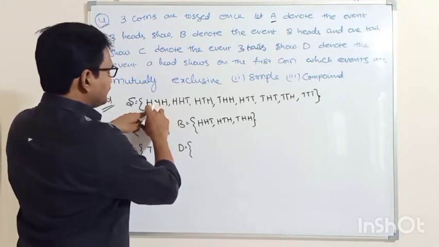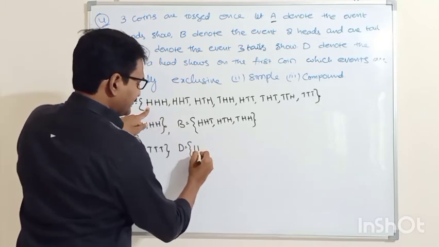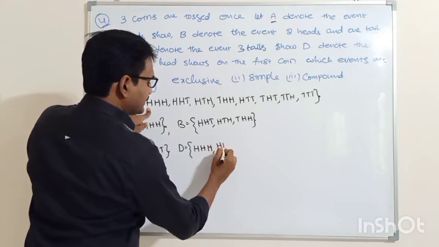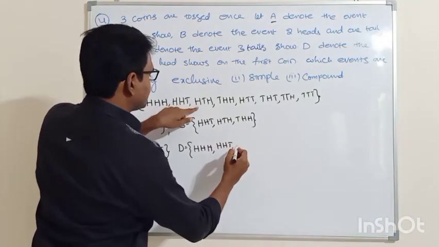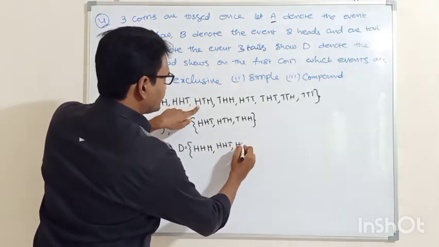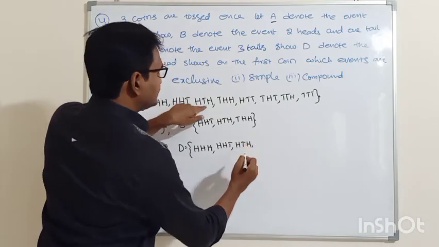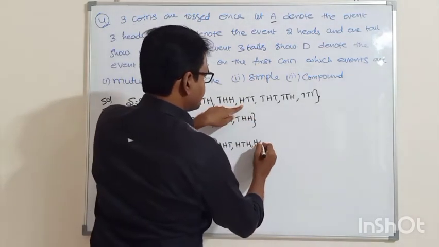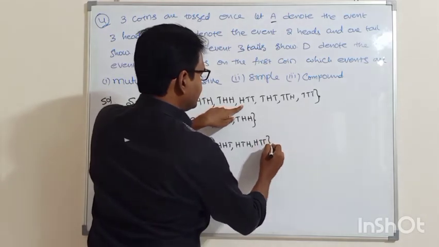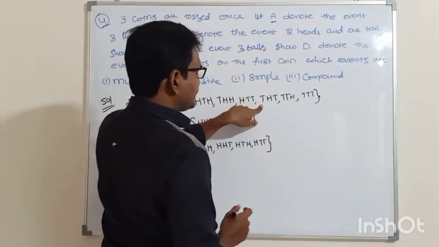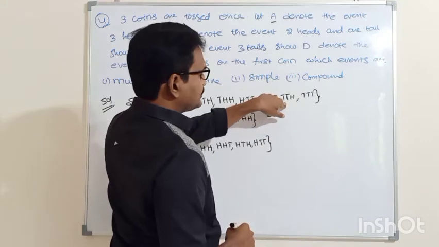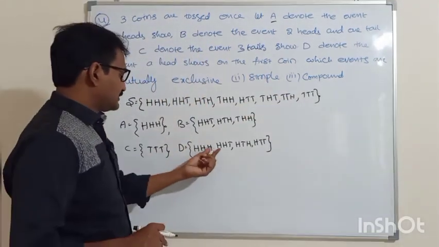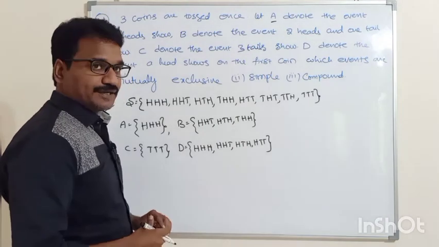Here the first coin is showing head: HHH, HHT, HTH, HTT. Here the first coin is showing tail, and in THH, THT, TTH, TTT also the first coin is showing tail. So these are the sample points of D.